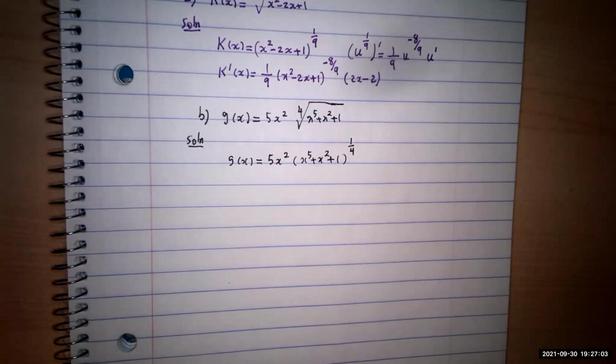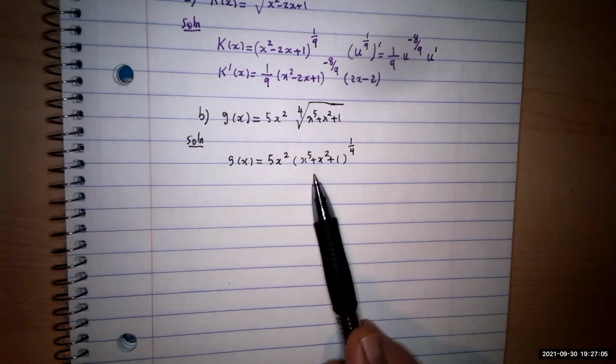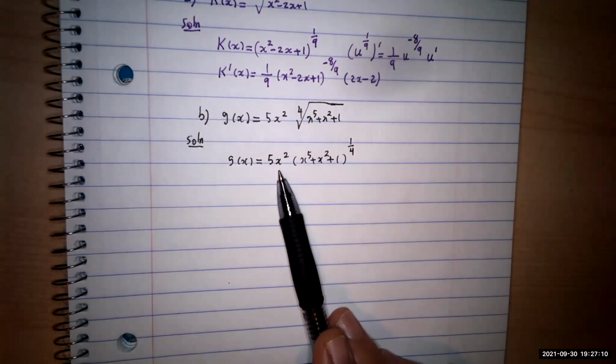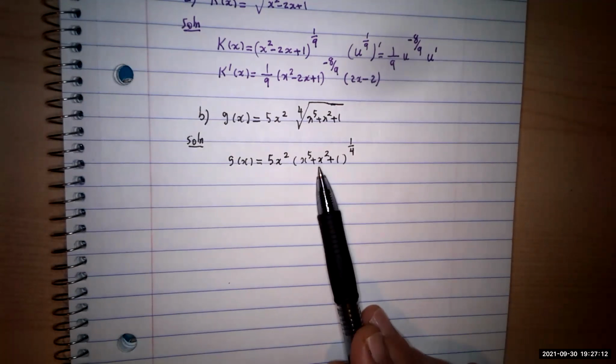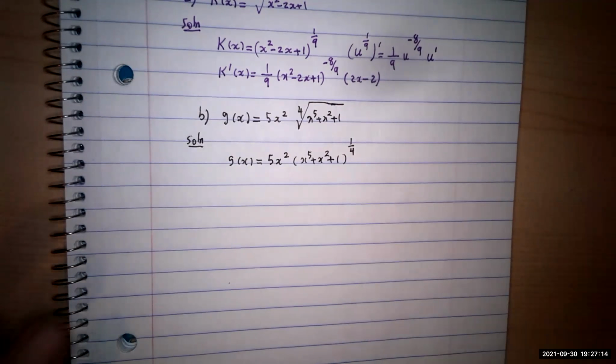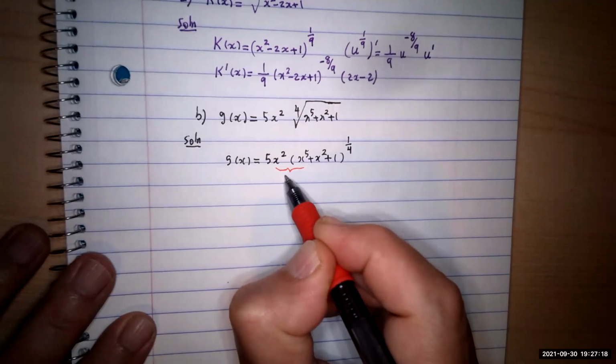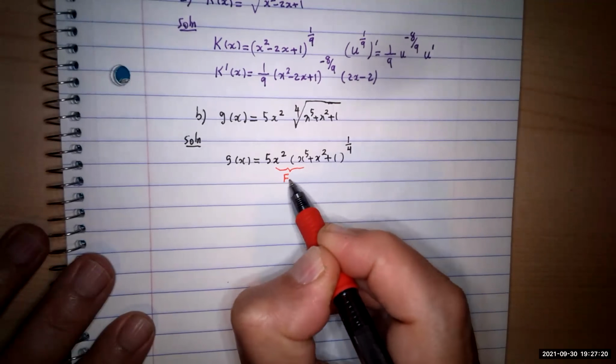Now, the format is going to be the product of two functions, because the first function is a 5x squared, and the second function is this one. So basically, you have to consider this one as a product of two functions. Remember the first times the second.